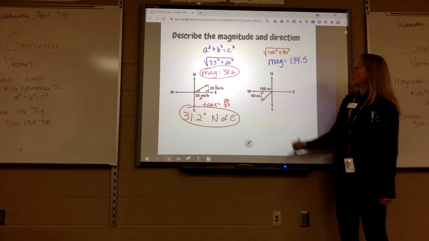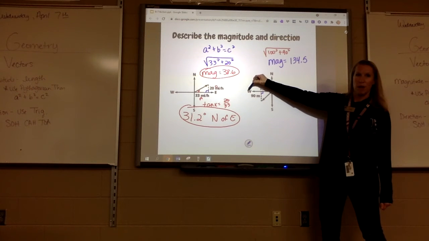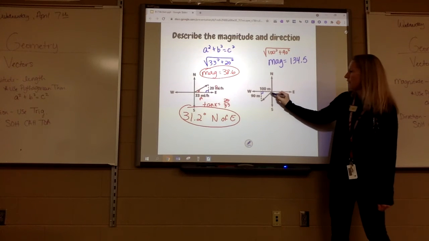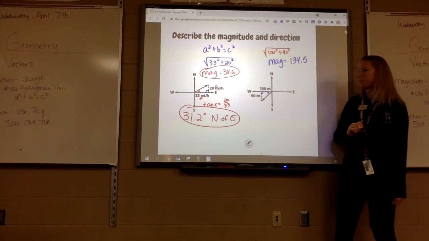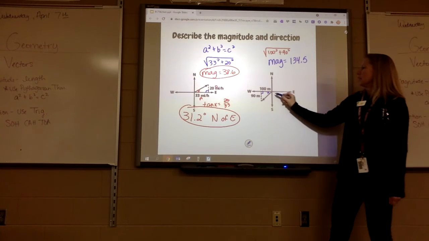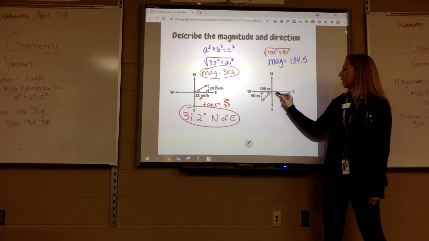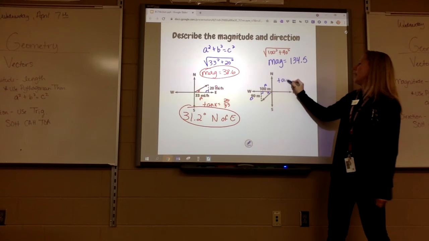And then my vector is between the south and the west. I know it's on the west side. I just have to figure out what that angle is. So it's always that angle right by the origin. That's the one you want to find. So the 90, is that going to be my opposite side or my adjacent side? Opposite, and then that would be my adjacent.